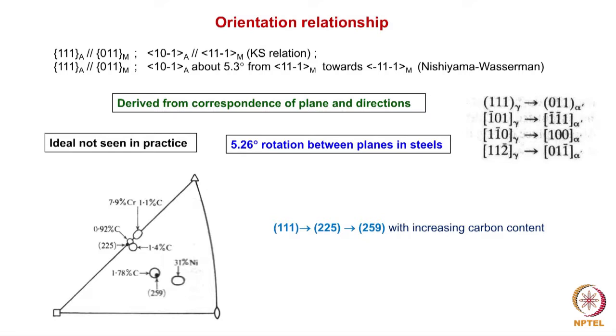Then the orientation relationships which are being seen are determined using diffraction patterns taken in an electron microscope from the matrix, that is the austenite, and the martensite region. One can find out the orientation relationship and the rotations which are being generated. The observed rotations match exactly with the ones predicted by the crystallographic theory. So this is the success of this theory.